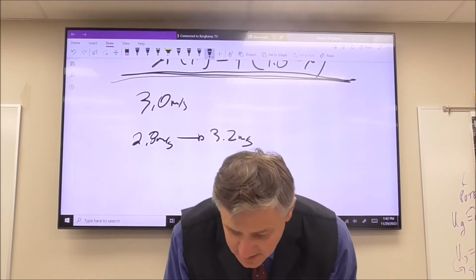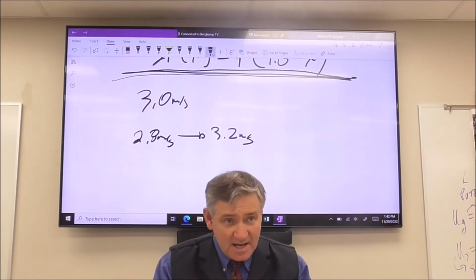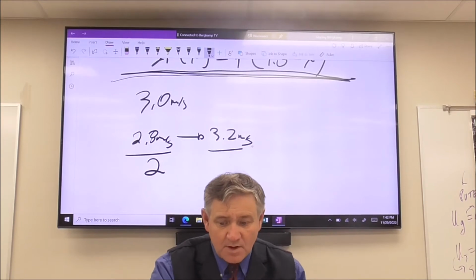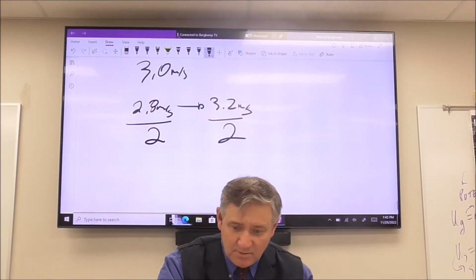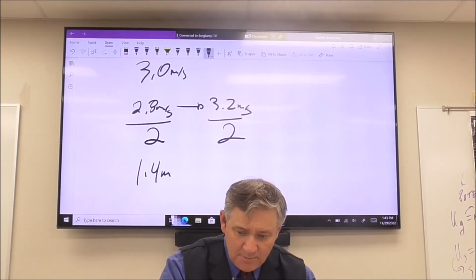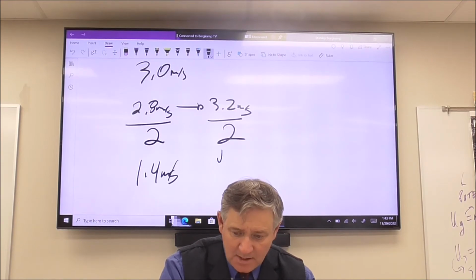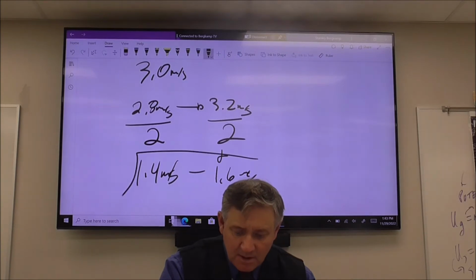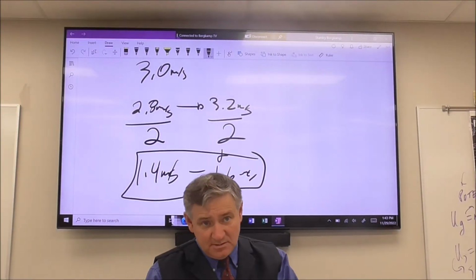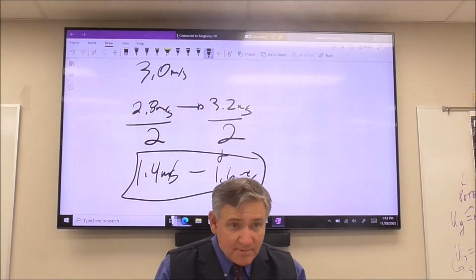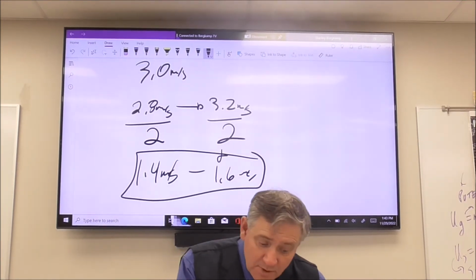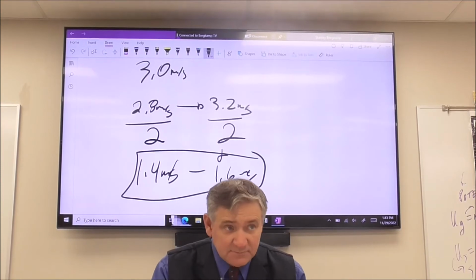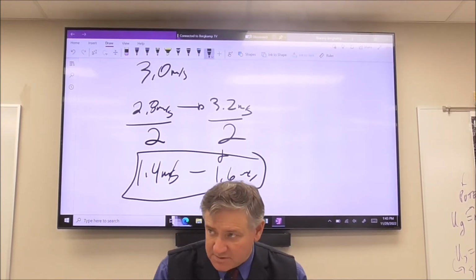So we divide by 2, which becomes 1.4 meters per second and 1.6 meters per second. After the collision, our uncertainty is somewhere between 1.4 and 1.6. That's how you do that first question.